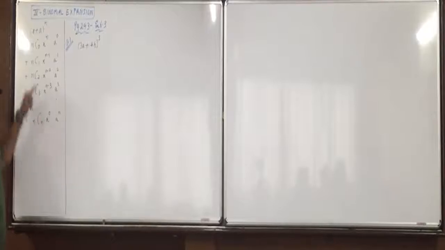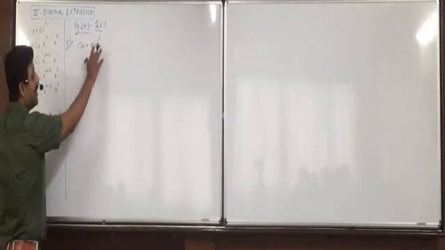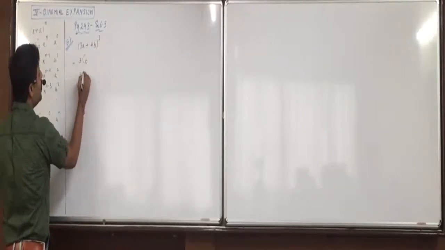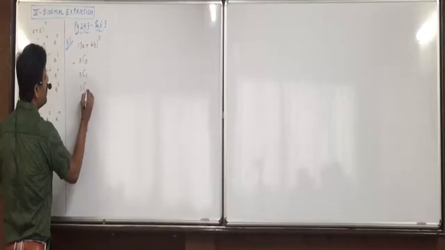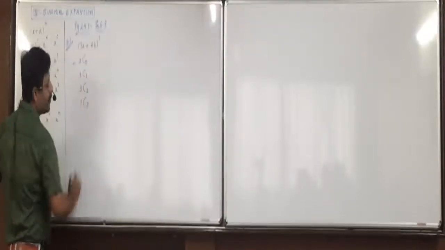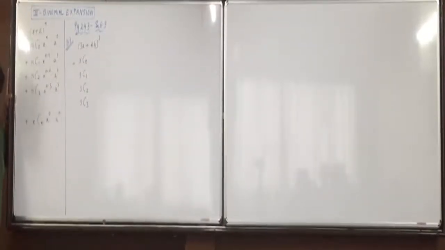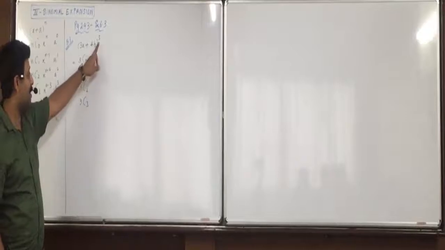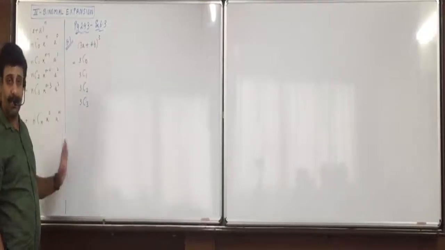Now see here, we start from nC0 up till nCn. Here what is n? We'll start with 3C0, 3C1, 3C2 up till 3C3. I'll be asking you all this from the next question. All are clear? How is this obtained? Okay, power is 3, so 3C0 to 3C3.